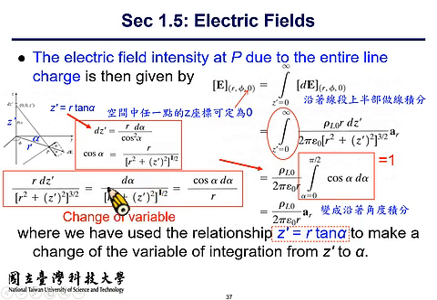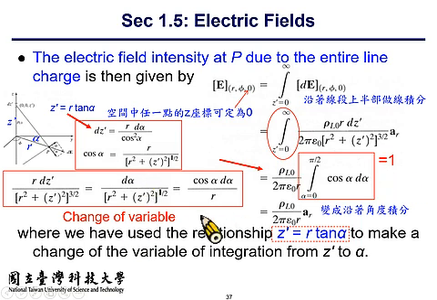And the denominator becomes this thing, which can be further simplified as cosine alpha d alpha over r. Please go back and check these steps yourself, okay? So this is referred to as the technique of change of variable.